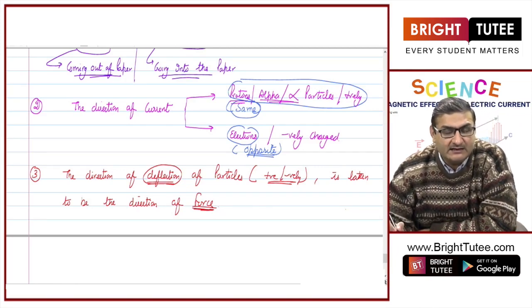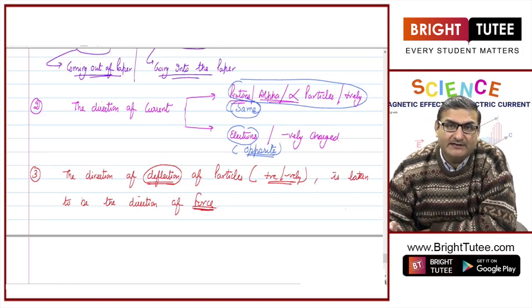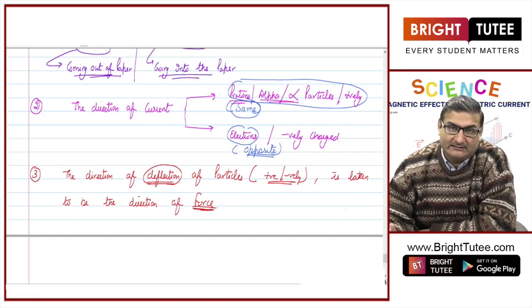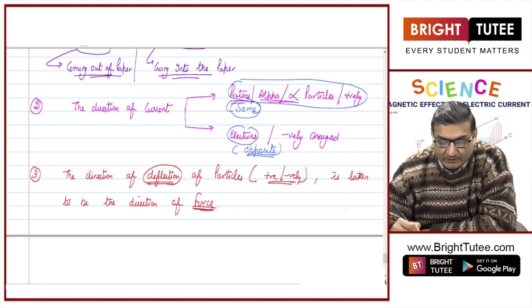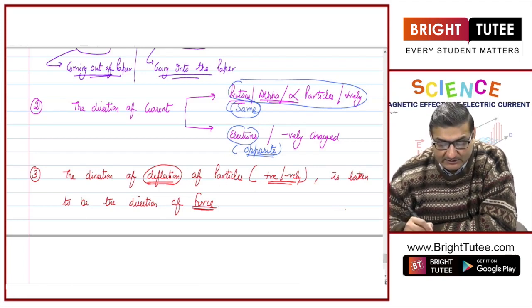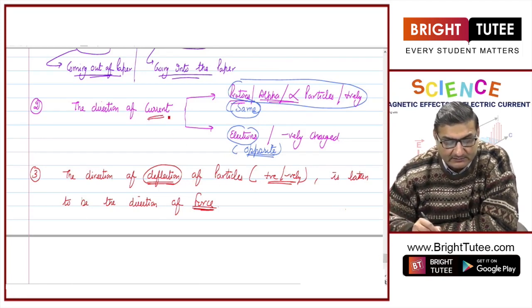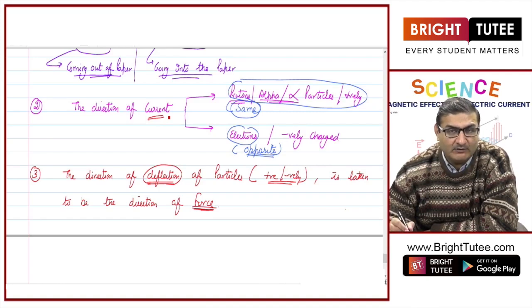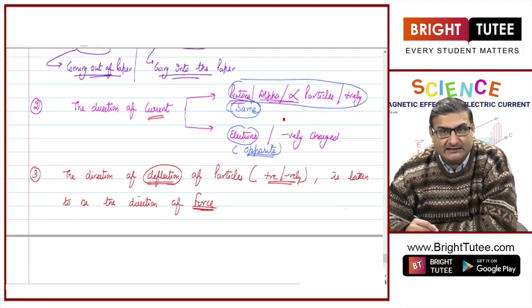Now these are a few things that you need to relate while doing the questions. Let us review the direction of current. We need to take it depending upon what type of particles were given to us. If the particles are protons, the same direction will be the direction of current.